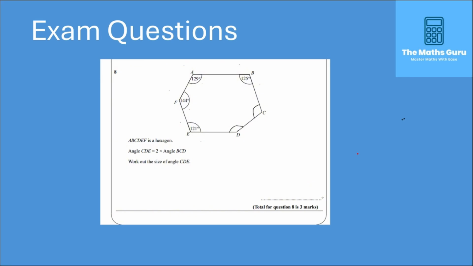From our knowledge of forming equations, which I made a video on if you don't know, we can call this angle 2x and this angle x, because angle CDE is 2 times our BCD.